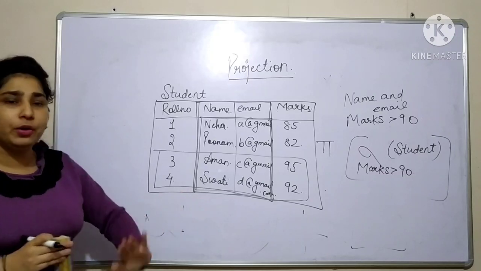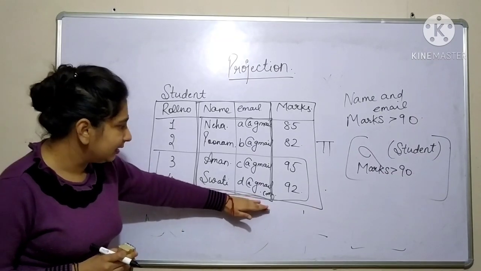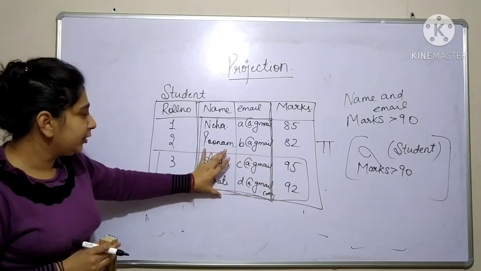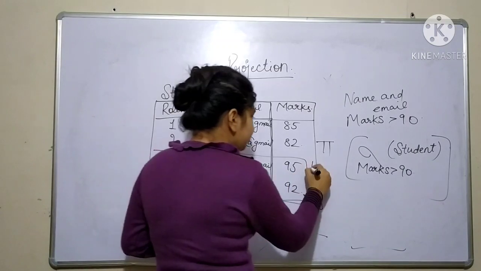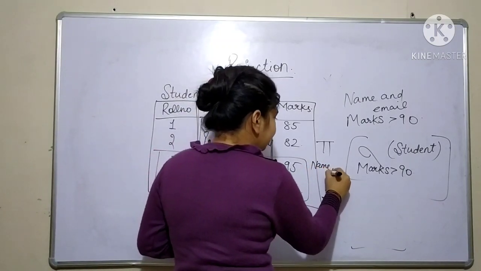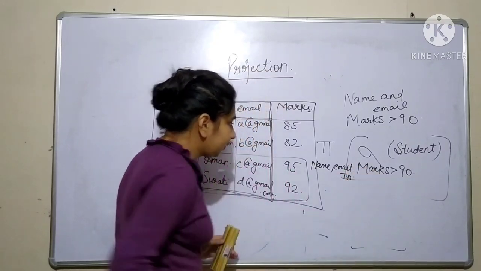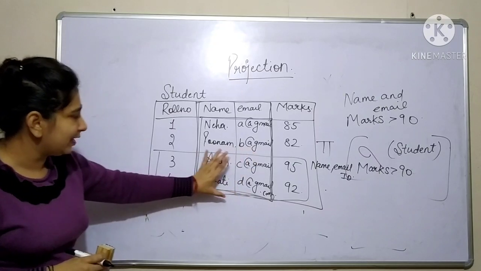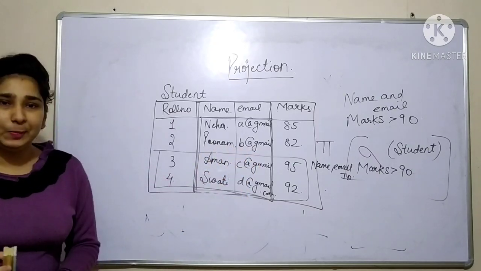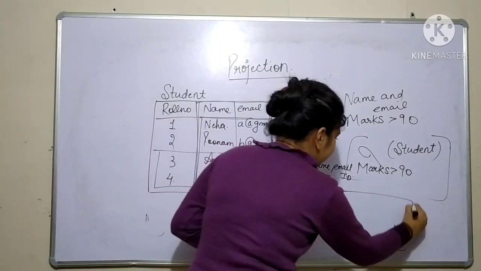So I want to fetch the name and the email ID of these two tuples. I want to project the name and the email ID. So of these two tuples, I am fetching the name and the email ID. So what is going to be my output?